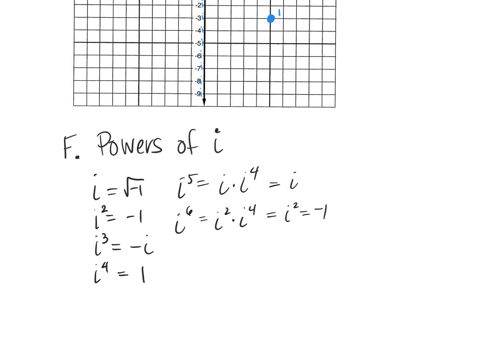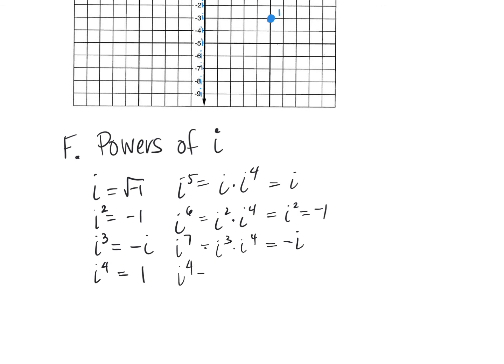As we continue the cycle, in groups of 4, it's repeating itself. i to the 7th is going to be negative i. i to the 8th is going to be the same as i to the 4th, 1. So i to the 7th is i cubed times i to the 4th, so that's negative i.